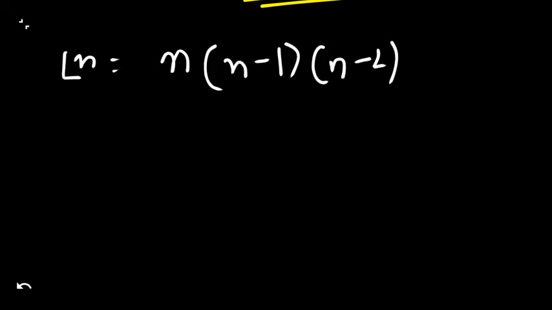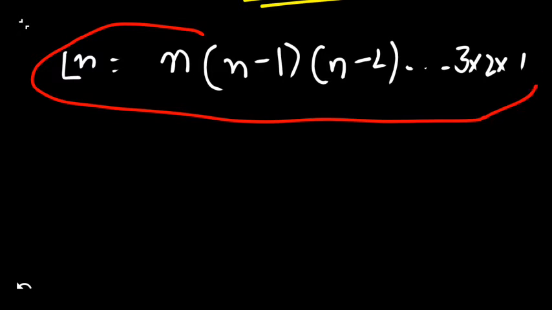So we can write this in algebraic form as n, that is this number, multiplied by the number before it, that will be n minus 1, multiplied by the number before that, that will be n minus 2, and so on up to 3 into 2 into 1. So this is the algebraic notation of a factorial.